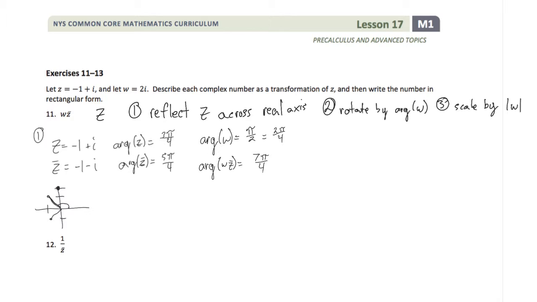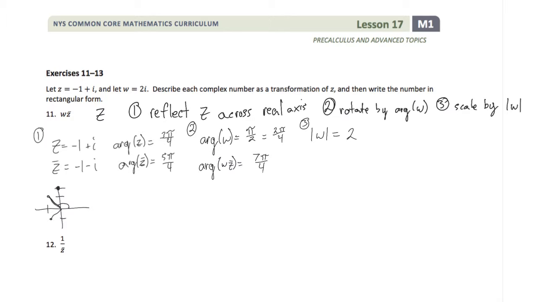And then the modulus of W, so this is all for number 2. And number 3, the modulus of W is equal to just 2 because it's directly on an axis, so its distance from the origin is just that number.